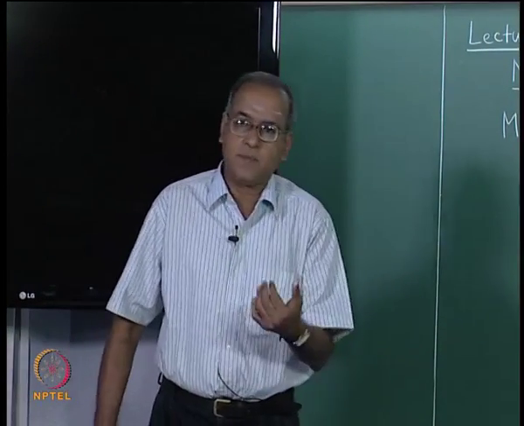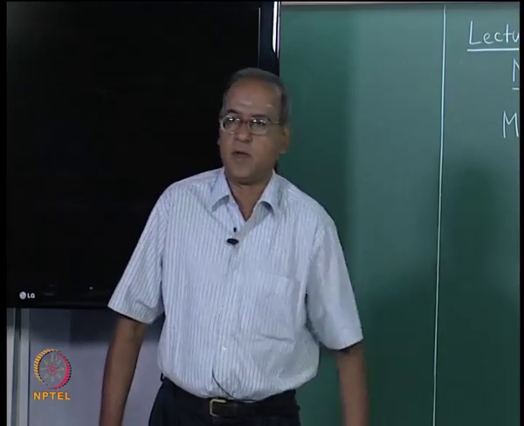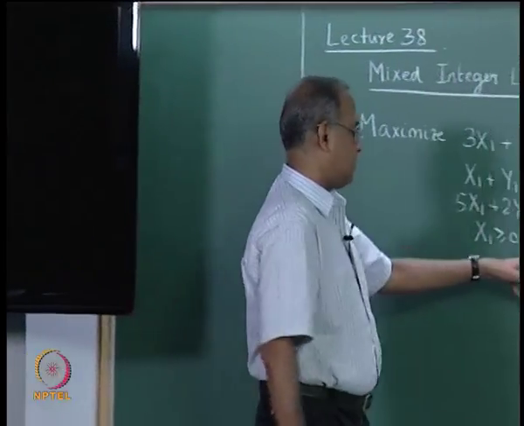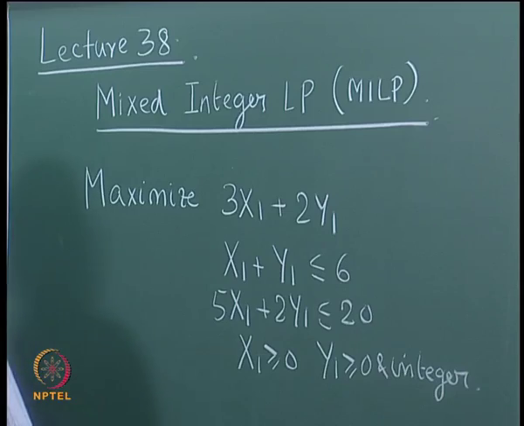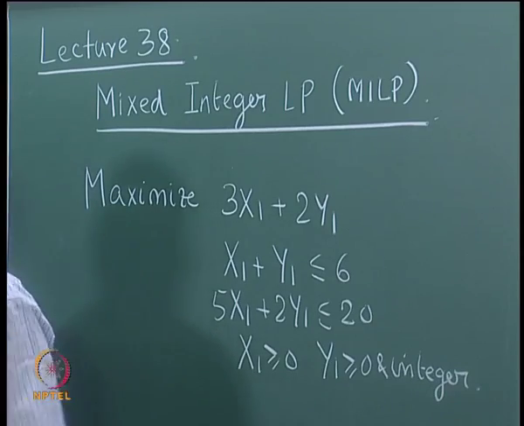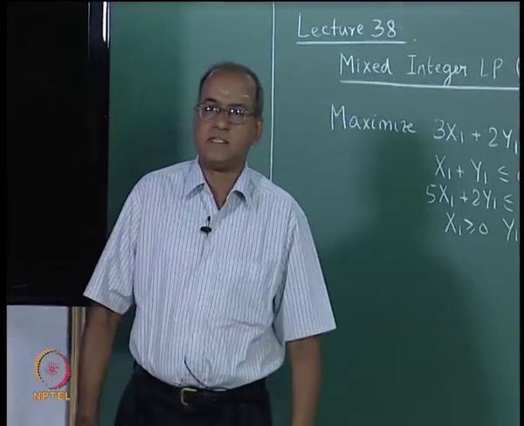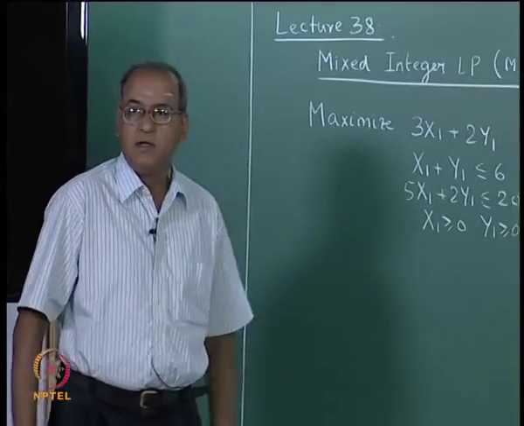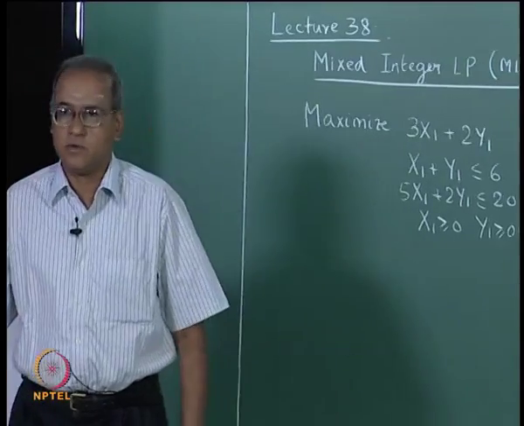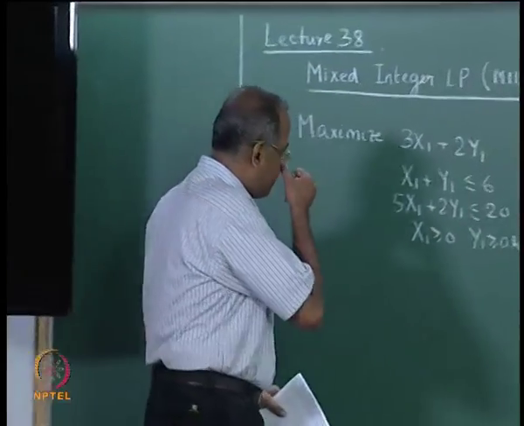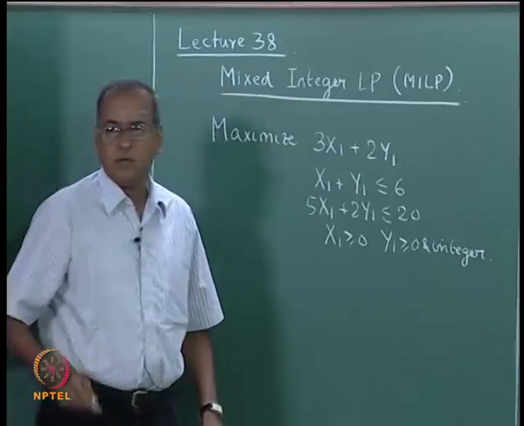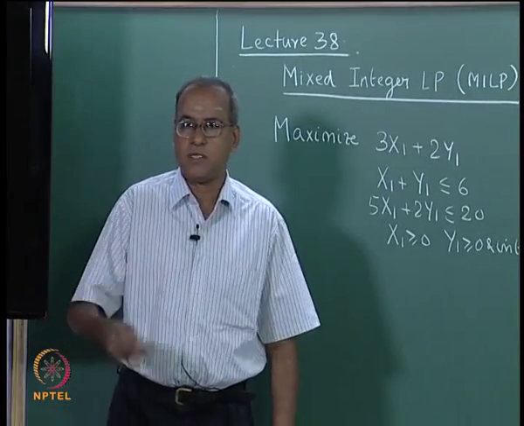If for some reason the optimum solution to the linear programming problem gives y1 an integer value, then it will be optimal to the MILP. If it is not, we will then do something to try and get the integer value to y1 and the corresponding optimal solution. So, let us first solve the problem as a linear programming problem to see what is the LP optimum solution.